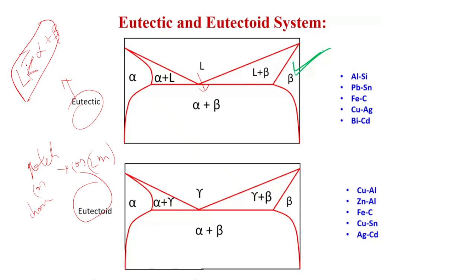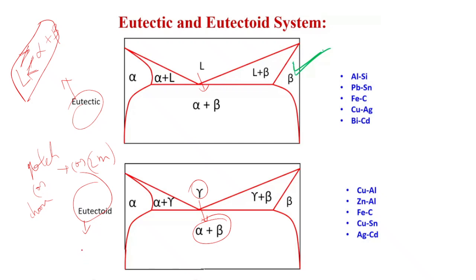Then the eutectoid system. Eutectoid means one solid phase, that is the gamma phase or some other phase, turning into two solid phases.